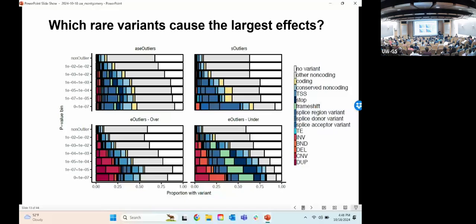So what's interesting about this is we can actually start looking at individuals' personal omics data and saying, okay, if I am seeing this level of aberrant effect, I can actually have a prior as to what types of variants would drive that effect. I, for instance, don't see any of these large underexpression outliers that seem to be driven by regulatory non-coding variants. Actually, a lot of them seem to be caused by structural variants and these nonsense-mediated decay variants. So my expectation is some of these big effect large variants, I now know where to look if I see this effect.